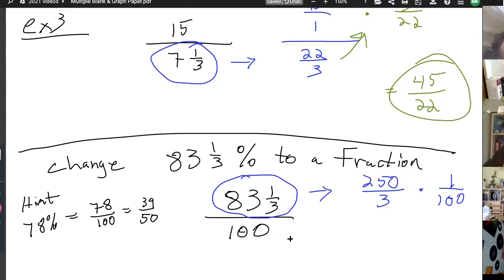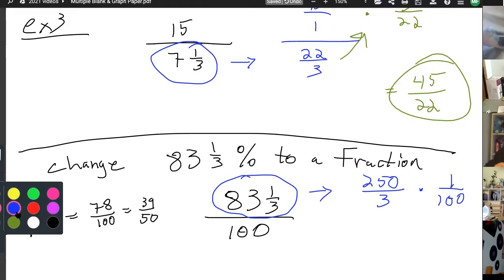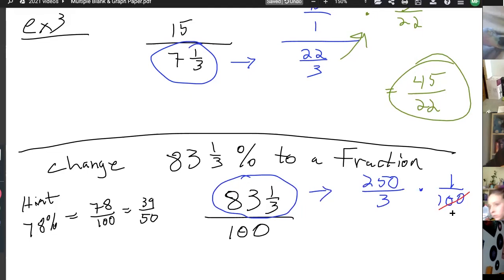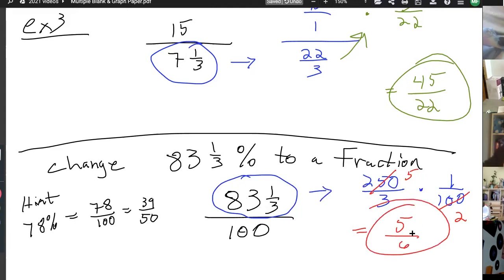When you flop a whole number, you put 1 over that whole number. So I can do some cross reducing here, or you can just multiply across and reduce later. But what goes into all this? Well, it looks like 50 goes into all this. So if I take 50 out, I get a 2 and a 5. So multiply across, 5 times 1 is 5, 3 times 2 is 6. So the answer is 5/6.